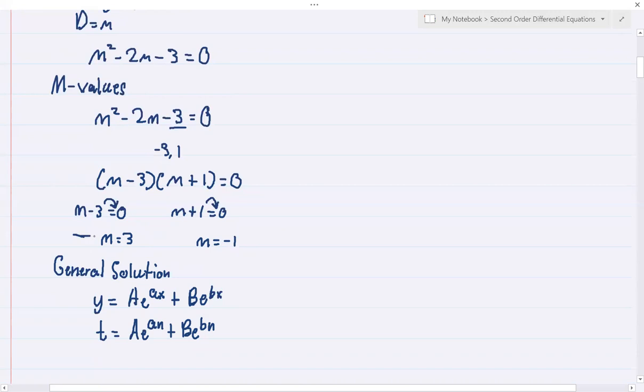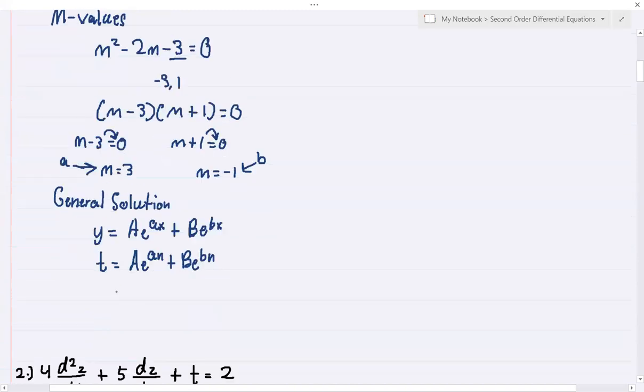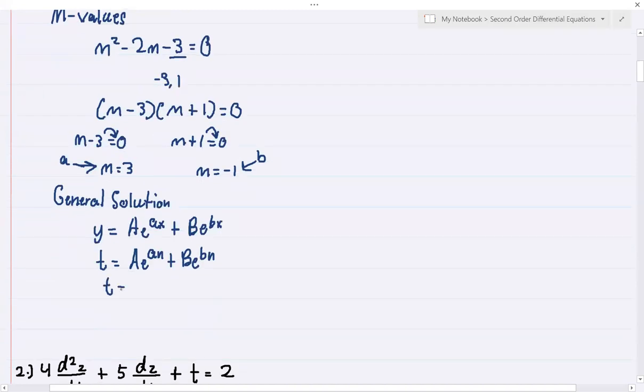So for me, I'm going to pick this one as my small a, and this one will be my small b. Therefore, I will have t is equal to ae raised to 3n plus be raised to negative n. So this is now my general solution.